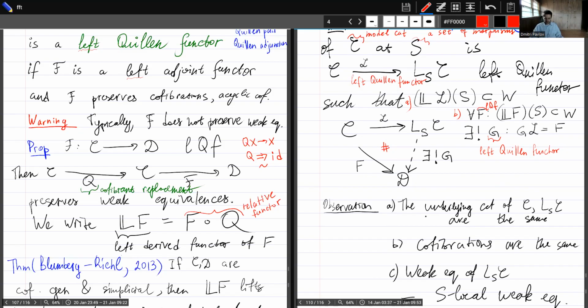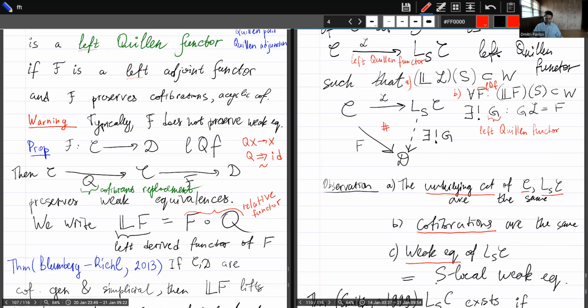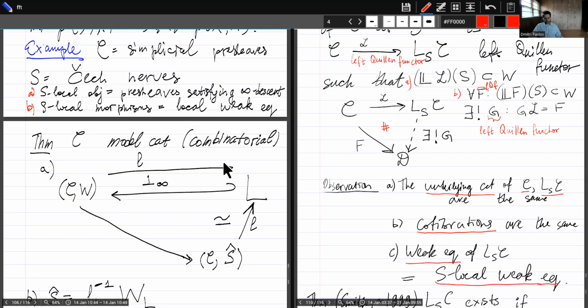So in fact, the underlying category of C and its left Bousfield localization will be exactly the same category. And cofibrations in the two model categories will also be the same. And so the only thing that differs between the two model categories will be the weak equivalences. So weak equivalences of the left Bousfield localization will be precisely the S-local weak equivalences that we defined previously.